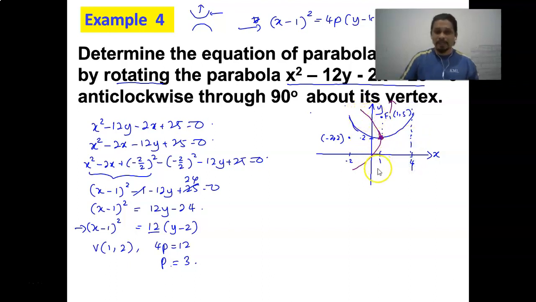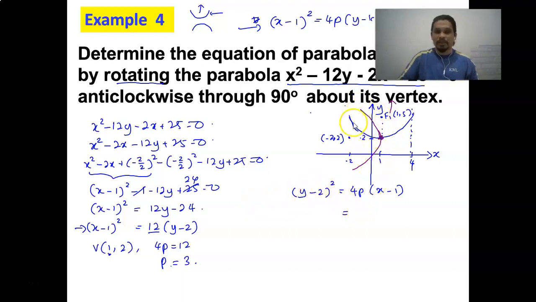Now facing to the left, the vertex is still the same, so (y minus 2) squared equals 4p times (x minus 1). Given that it is now open to the left, p is negative.